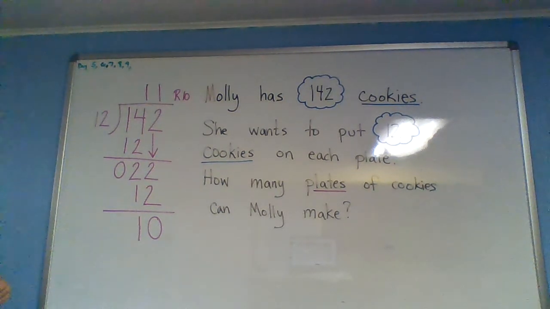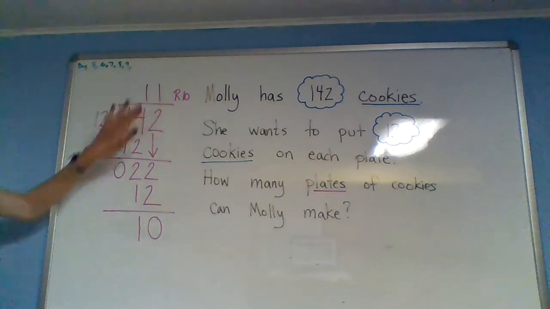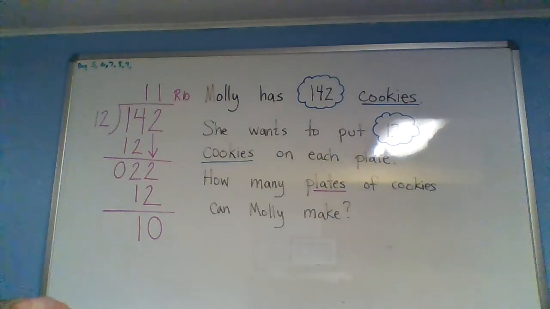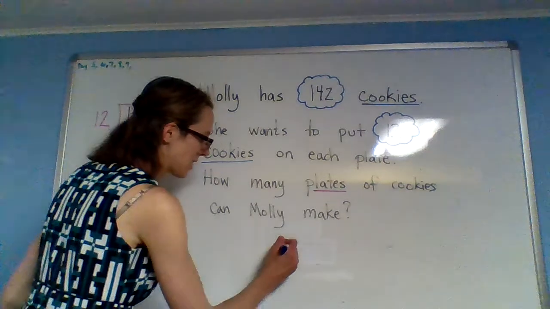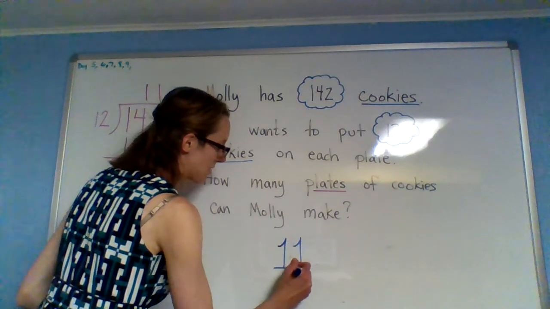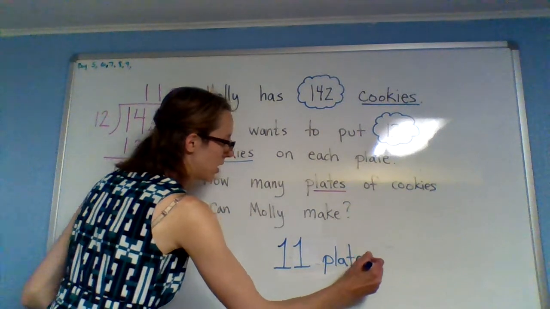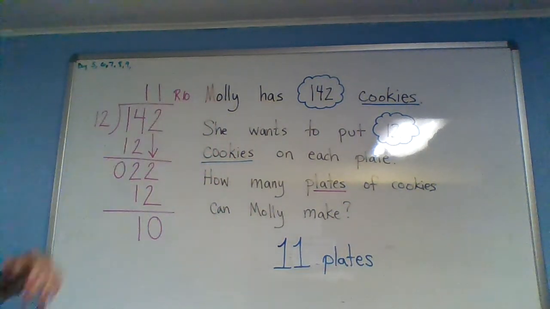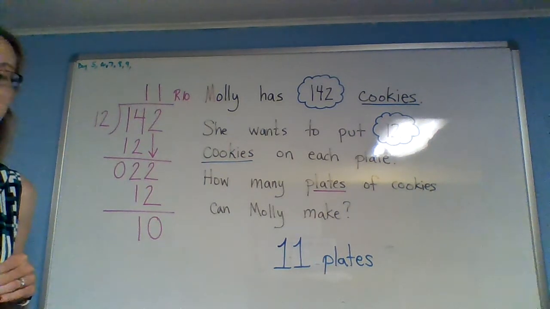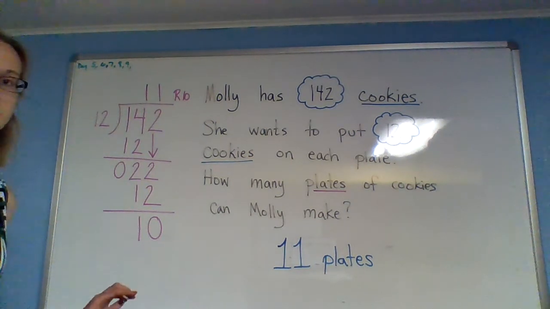So if the question is asking how many plates of cookies can Molly make, I need to decide, do I keep it at 11 or do I round up to 12? In this case, I would say that she can make 11 plates of cookies because that 12th plate isn't going to be full, and I wouldn't want to be the person that got cheated out of some of my cookies.